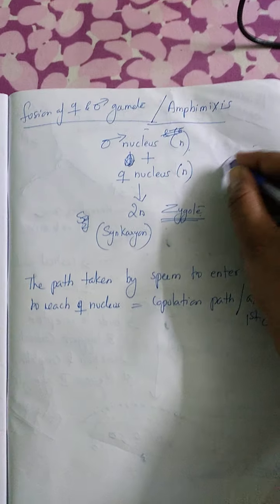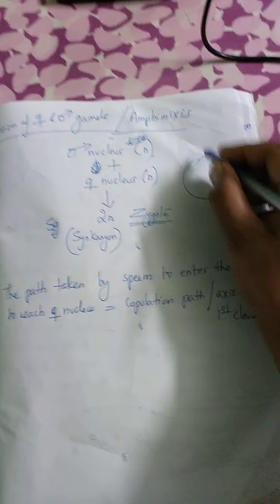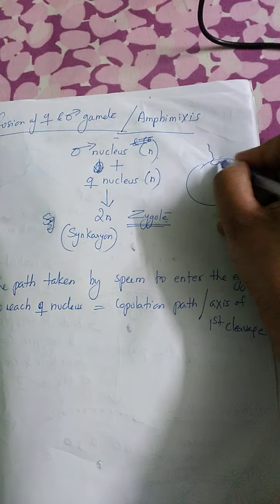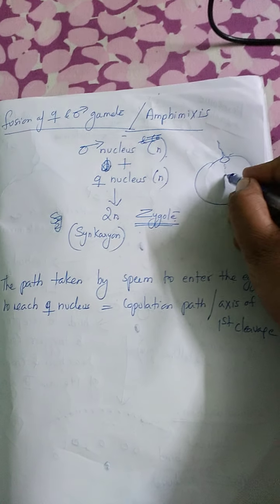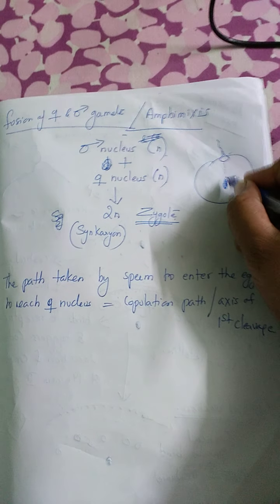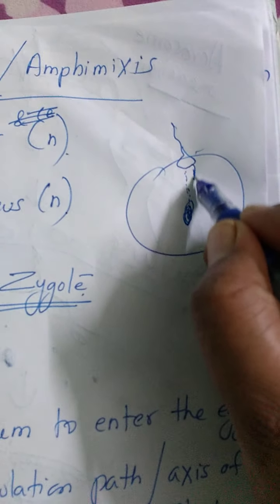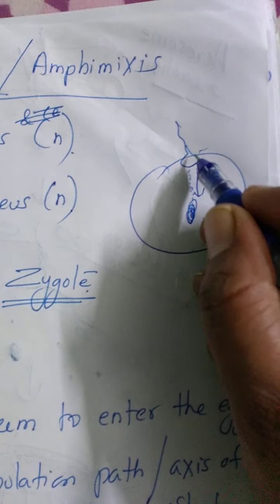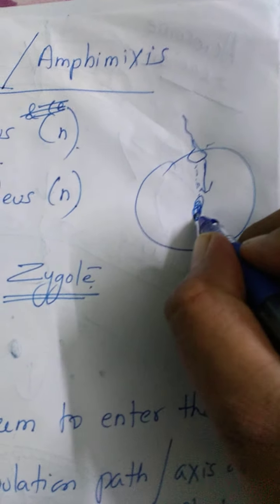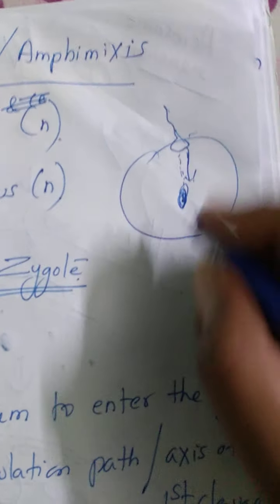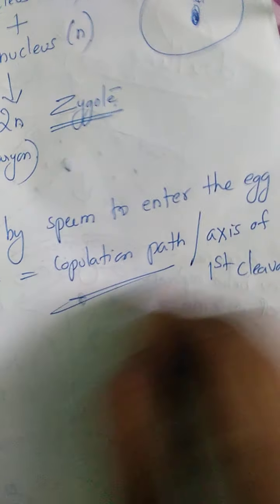Plus, now if this is the oocyte and this is how the sperm penetrated and entered, because the nucleus is somewhere here, in this way it came. So it has a path. This is the pathway, the road that the sperm took to reach the female nucleus. This pathway is called the copulation path.